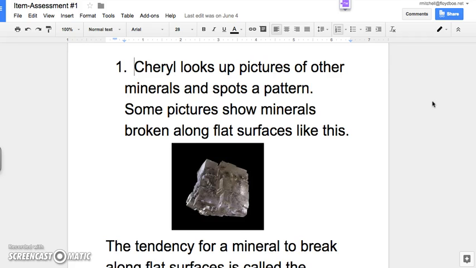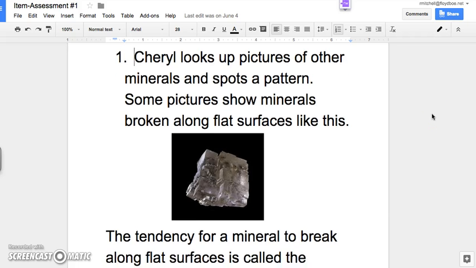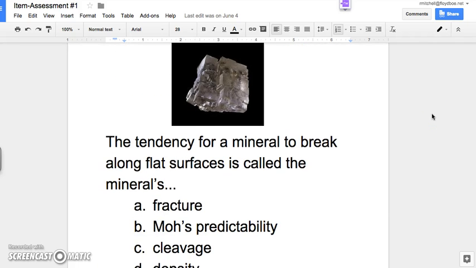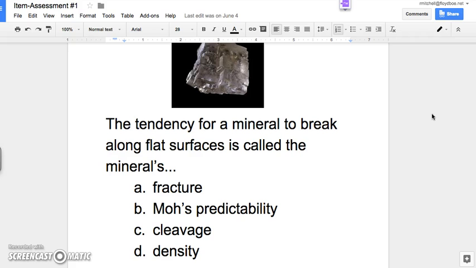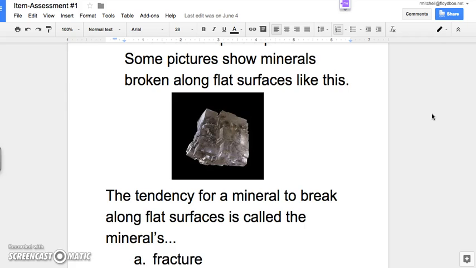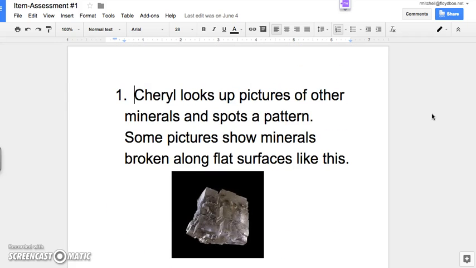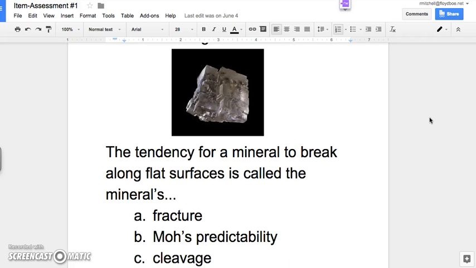Number 1, Cheryl looks up pictures of other minerals and spots a pattern. Some pictures show minerals broken along flat surfaces like this. The tendency for a mineral to break along flat surfaces is called the mineral's... and you can see there are questions coming from there. So that follows the storyline that was started from the phenomenon about minerals, and I got a question from it.